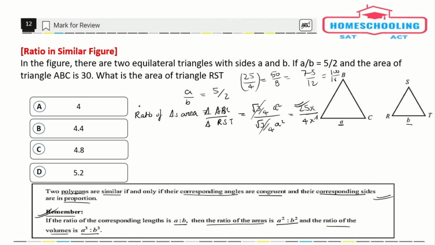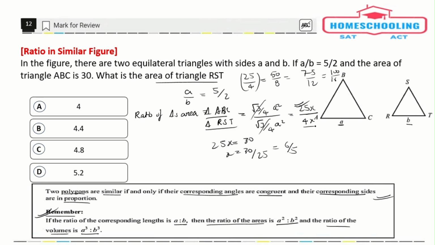So as per the question, the area of triangle ABC is 25x. 25x is 30, as per the question. So x would be 30 divided by 25. That would be 6 by 5. So what is the area of triangle RST?